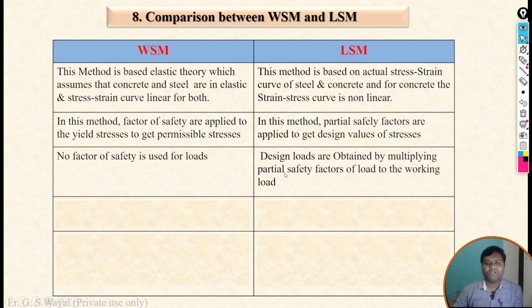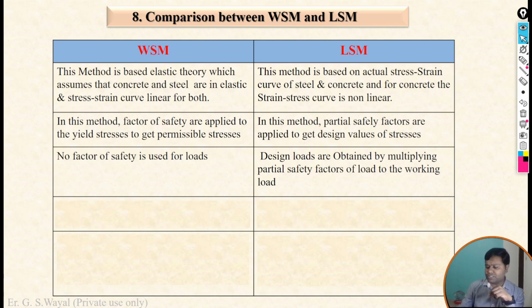In the limit state method, the design load is obtained by multiplying the partial safety factor of load to the working load. Generally in the limit state method we consider the ultimate load, and we can get that with the factor of safety multiplied by the working load.